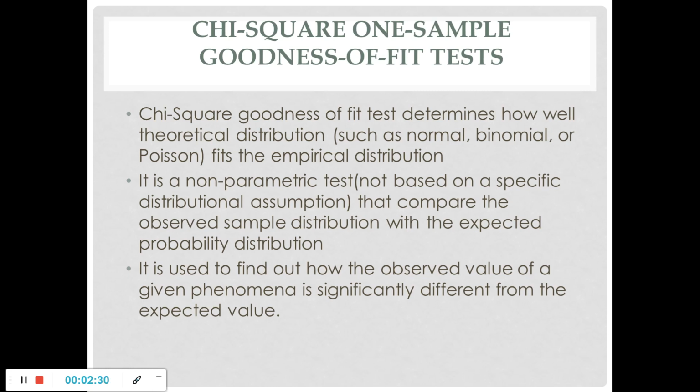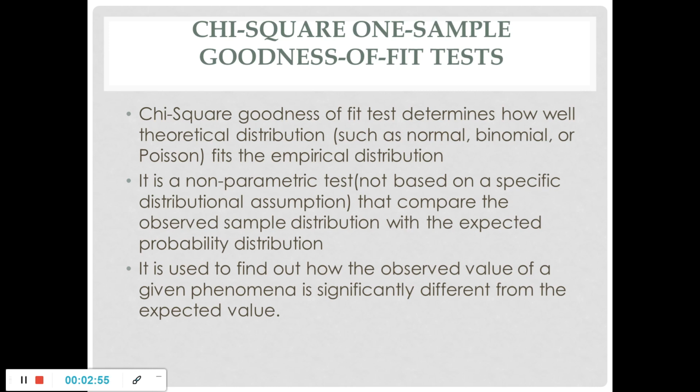I can give an example here. You know that when you flip a coin a large number of times, the theory says that you should get 50 percent heads and 50 percent tails.